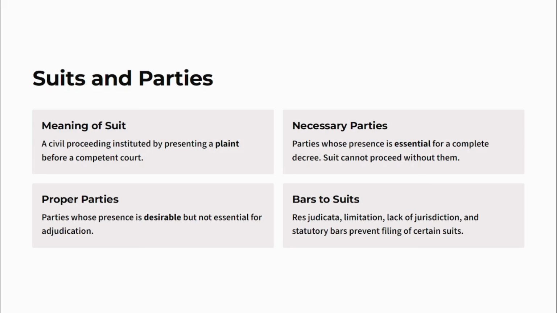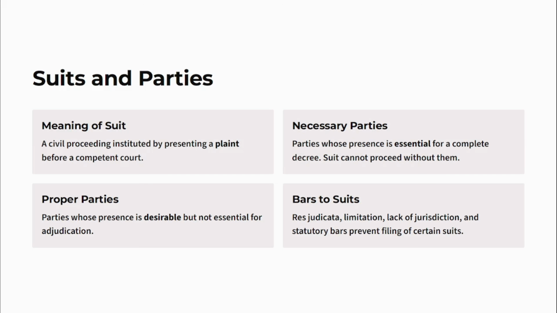A necessary party is a person who must be there in the case, or the court cannot give a full and fair decision. A proper party is a person who is good to have in the case, but the case can still be decided without them.